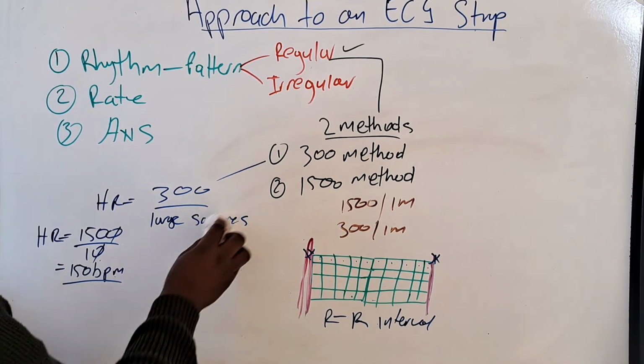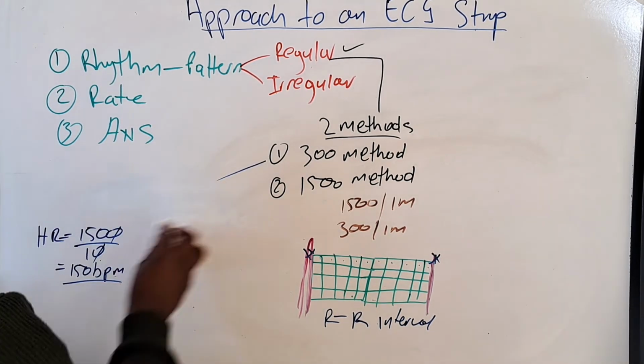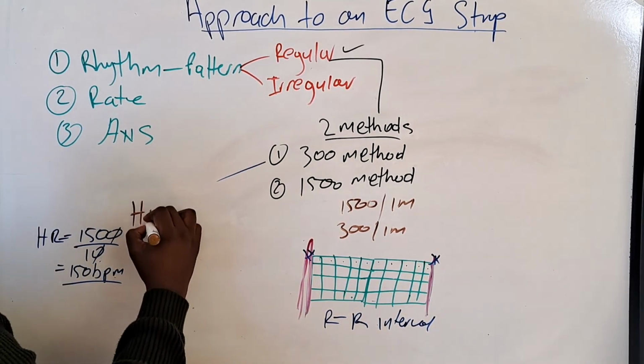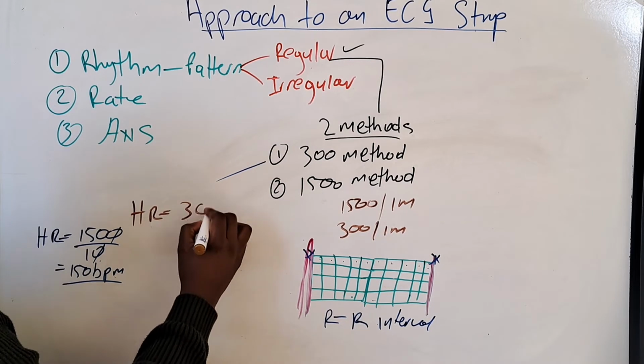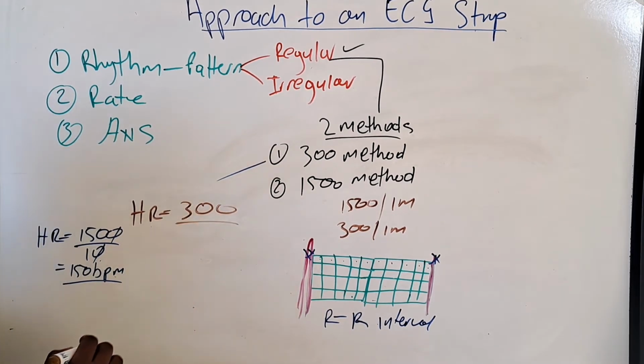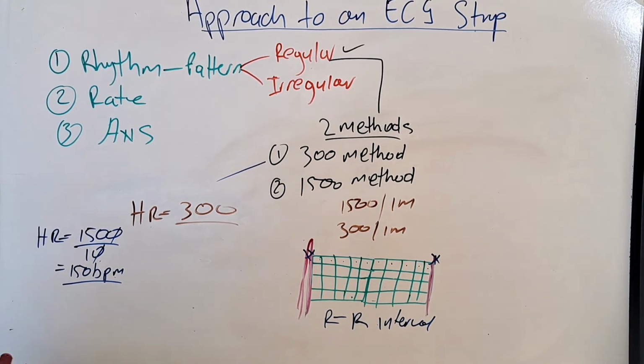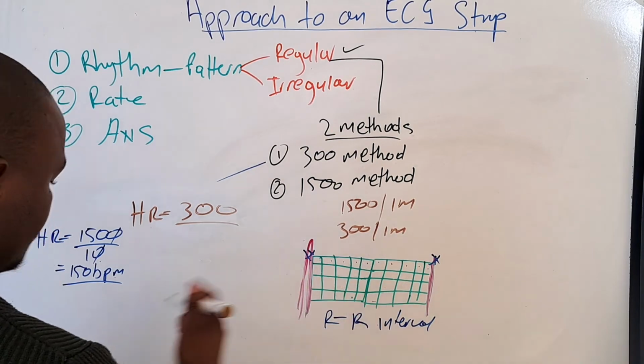Now, let's look at this method. Our heart rate, so we're going to be using 300. When you use the 300 method, you divide by the number of big boxes. Like we've got 2 big boxes here.